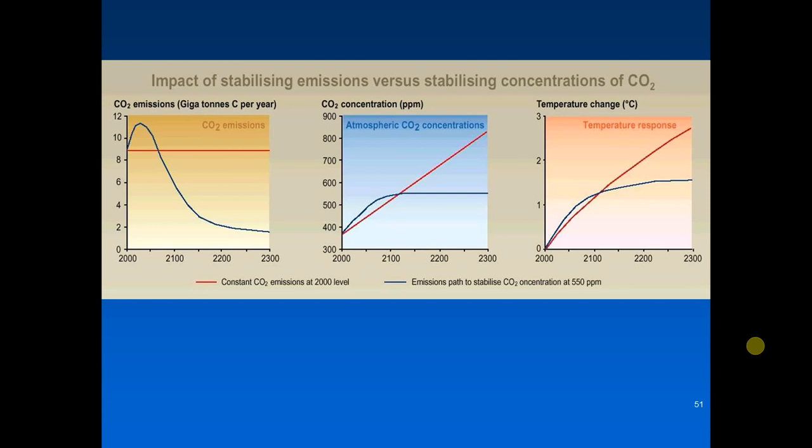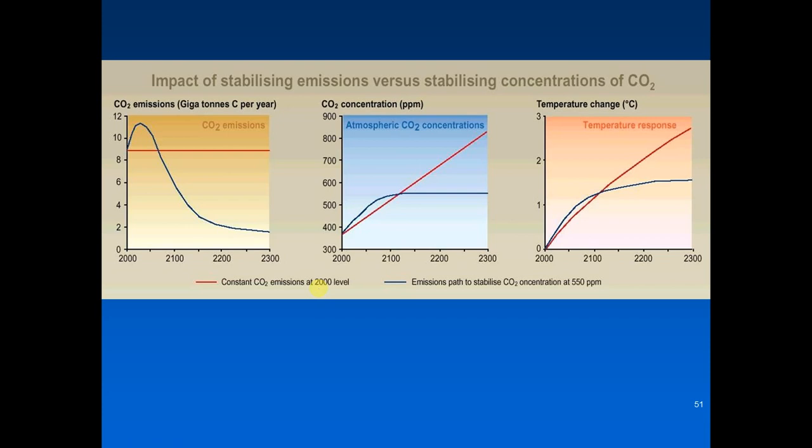What we have here is basically two different emission scenarios, if you will. Two different emission paths, and the corresponding changes in concentration of CO2 and temperature change according to each emission path. First of all, we have the emission path in red, constant CO2 emissions at 2000 level.